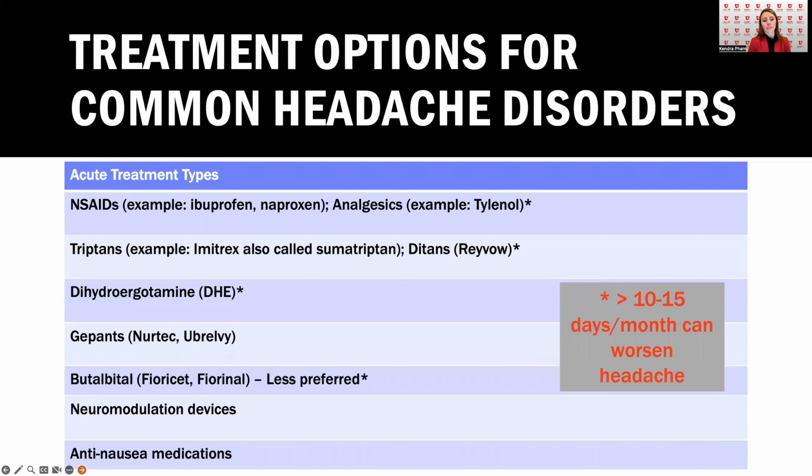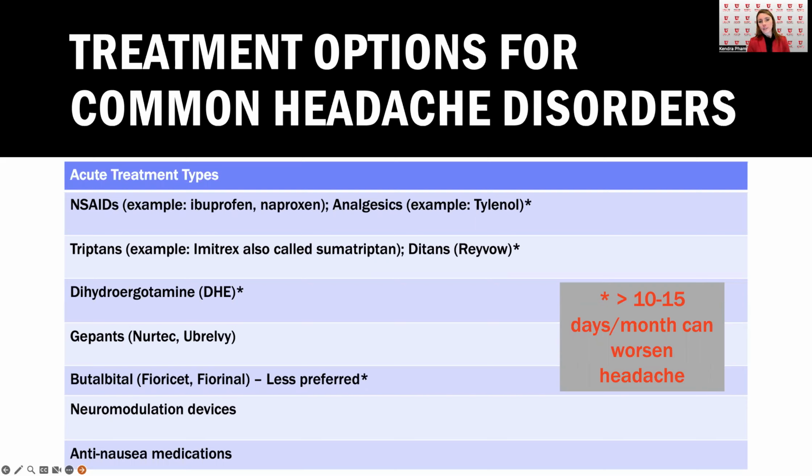There's a newer class called gepants, which blocks that molecule called CGRP that we talked about in the preventive medications. These ones are Nurtec and Ubrelvy, and there's actually a brand new one that was just approved by the FDA called Zavegepant that is a nasal spray. There are butalbital containing medications, so Fioricet or Fiorinal.